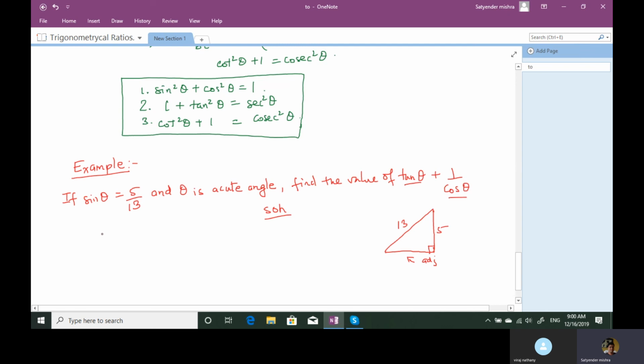So we know that 5 square plus adjacent square equals 13 square, by Pythagoras theorem. So adjacent square is equal to 169 minus 25, which is equal to 144. So adjacent is equal to 12, right? So the value of adjacent we have got.